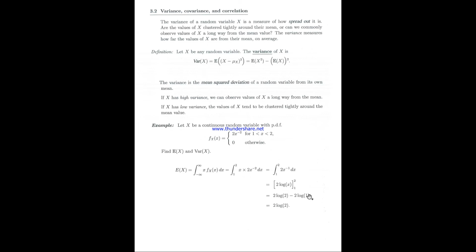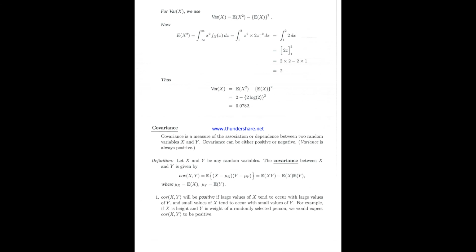When you simplify, you can take 2 out and write this subtraction as log 2 over 1. So again you have 2 times log 2. So the expectation of the random variable x is 2 log 2.